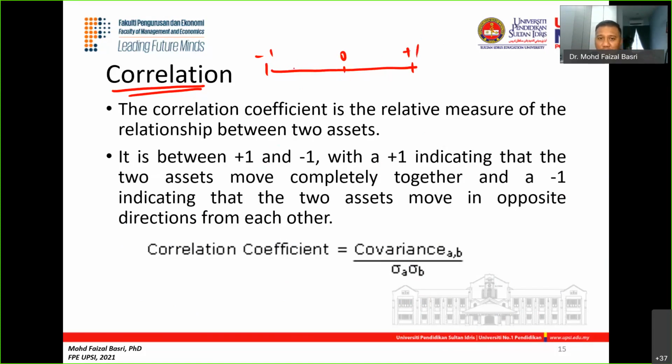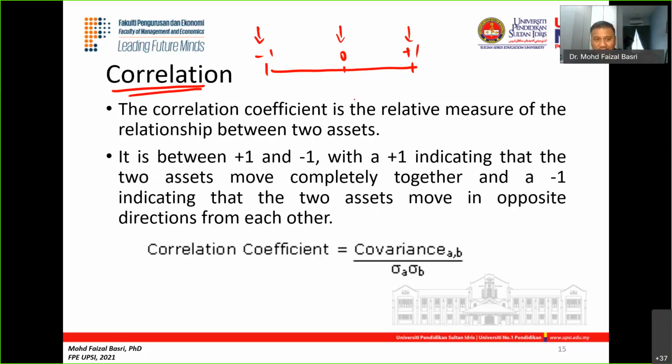So the correlation can be 0.7, 0.8, or -0.9, for example. At the negative end, this is a negative relationship. +1 is a very strong positive relationship. If it's 0, there is no relationship at all.